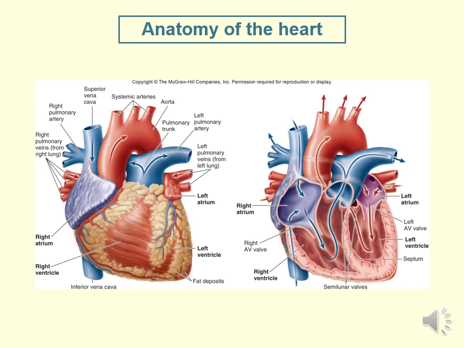And then the bottom chambers are the ventricles, the left ventricle, which pumps blood throughout our bodies, and the right ventricle, which sends blood to the lungs for oxygenation. You should know the main chambers of the heart, as well as the main blood vessels that come in and out of the heart. If you don't already know the main anatomical structures of the heart, then this slide is a good example of the things you should know by this stage.